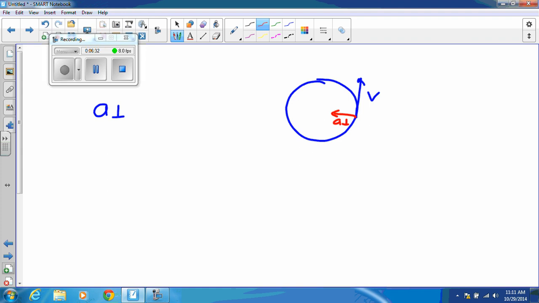And we already know what the value of the centripetal acceleration has to be, and that is v squared over r. So, A perpendicular is what it has always been. It's going to be v squared over r. But actually, A parallel is not too difficult either, because that's going to be the rate of change of speed. So here's my A parallel. And that's simply going to be the change in speed over the change in time.